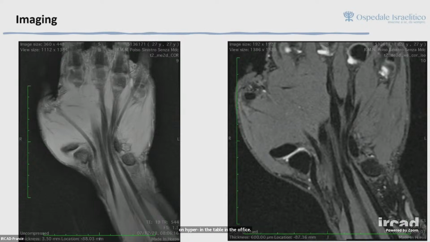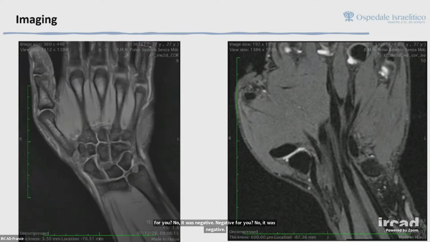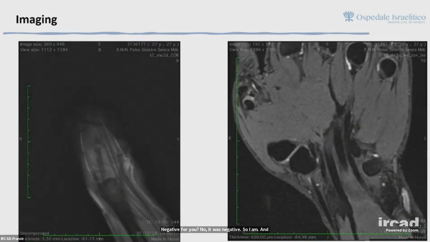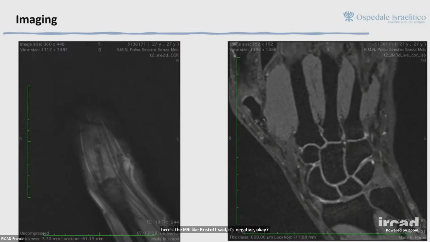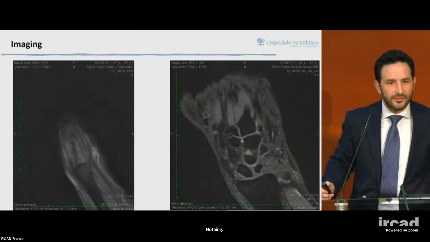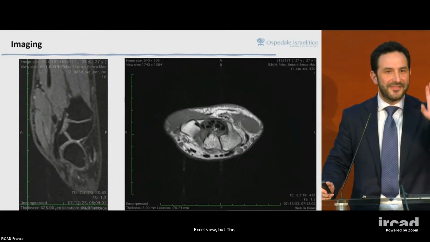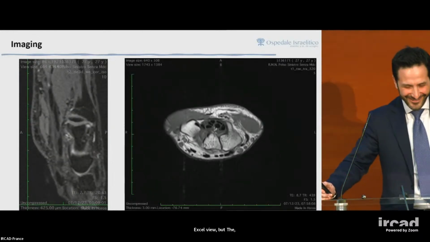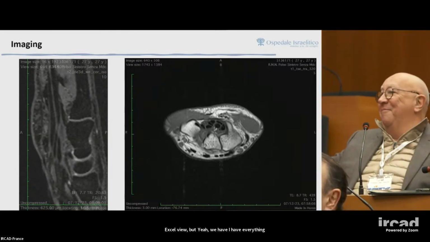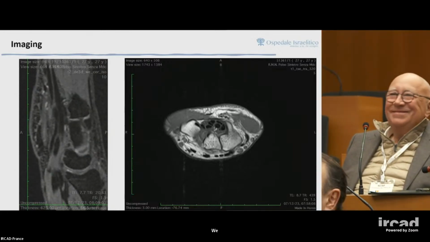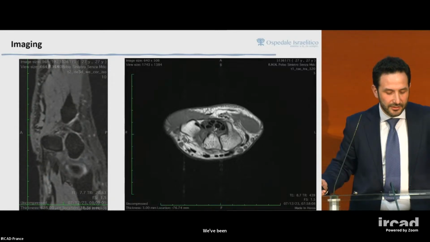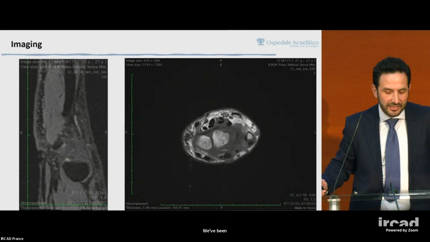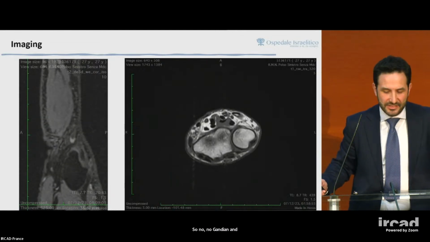No, it was negative. And here's the MRI, like Christoph said. It's negative, nothing. He has a little bit of tendinitis, we will see it in the axial view. So no ganglion, and only a little bit of tendinitis, but maybe it's normal.